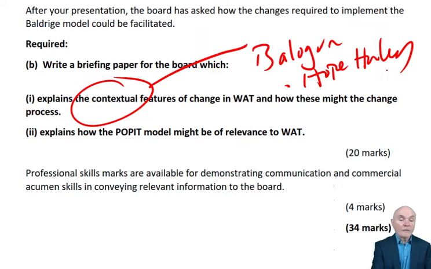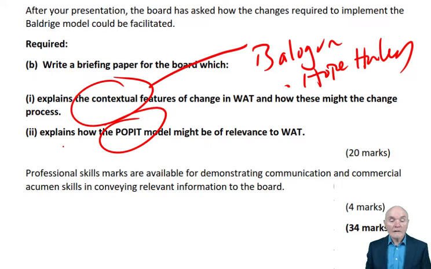And then it asks for another specific model, and again, if you don't know the model, you're going to be defeated really in this. This is not really asking you to explain the model, it's explaining how it could be used, how it could be relevant. So don't spend ages explaining it.